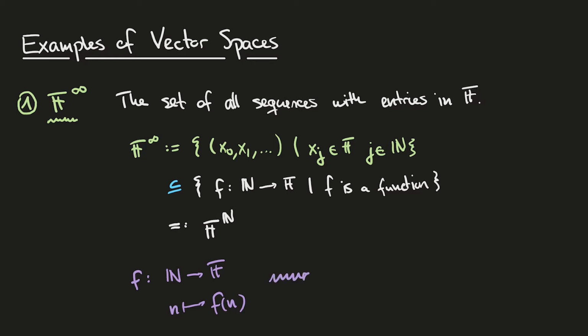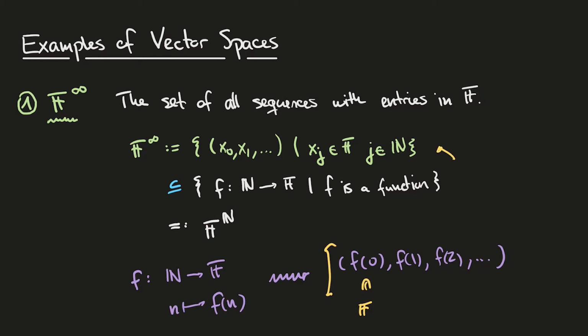We just set our sequence to be the sequence f of 0, f of 1, f of 2, and so on. And since our function goes from the natural numbers to our field F, each of the entries here is an element of our field. So indeed, this sequence that we've constructed lives in this set here.